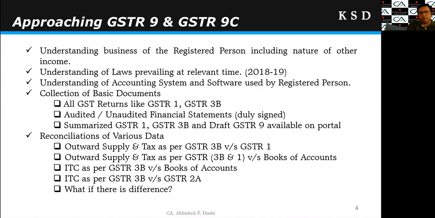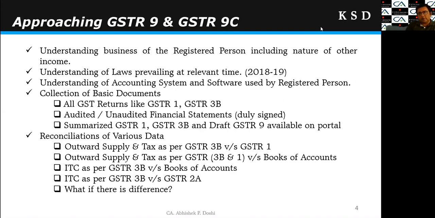The first and foremost important issue is understanding the business of the registered person, including the nature of the other income. So it is very important. First, we have to identify what the business of the registered person is, whether a trading concern or a manufacturing concern, what commodities they trade, what commodities they manufacture, what the raw material is, what the finished product is, and what rate is applicable to each and every product, right?